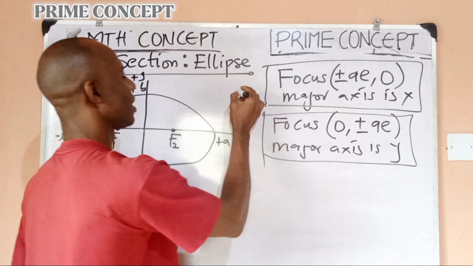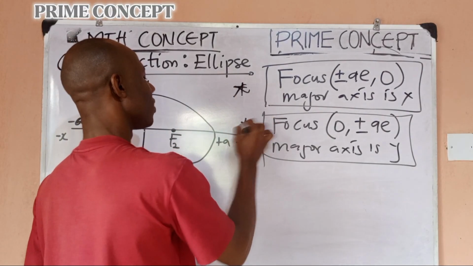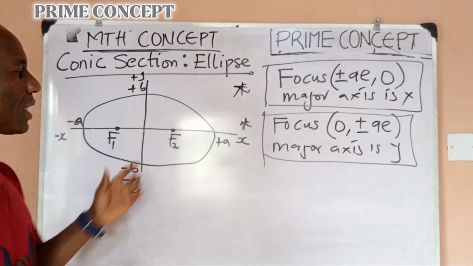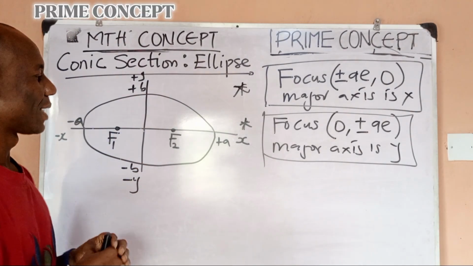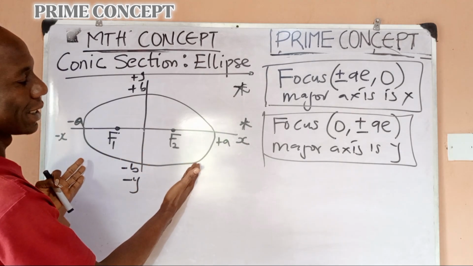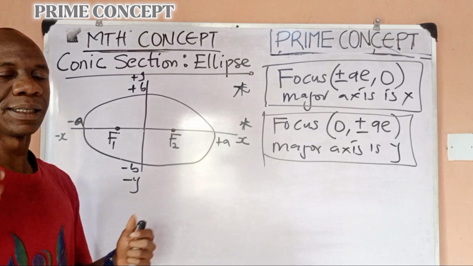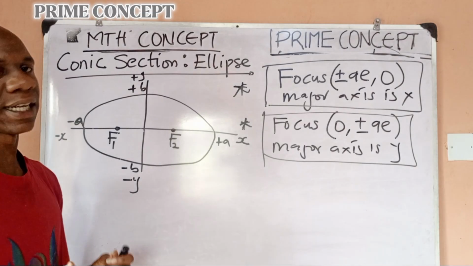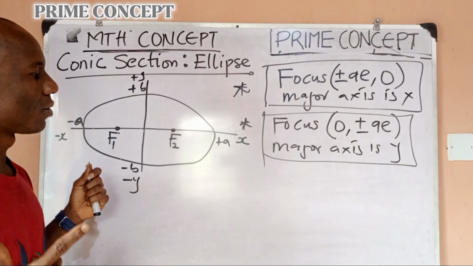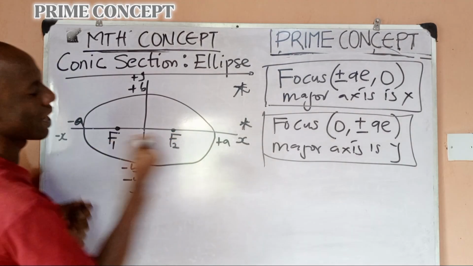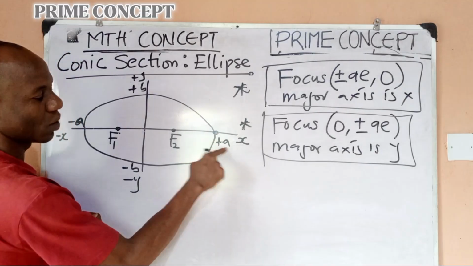Another thing we should take note of is also what we know as the vertex. Remember, we defined the vertex of a conic, for an ellipse, as the point where the ellipse touches the major axis. That is your vertex. So you can see, where does this ellipse touch the major axis? It is at this point, which is called point what?